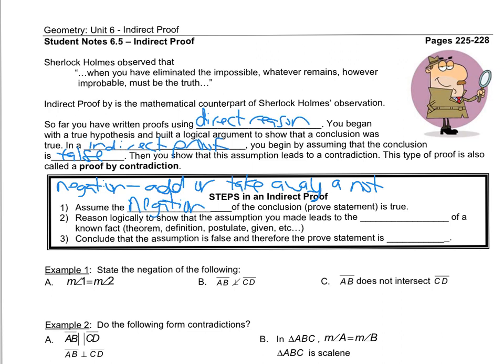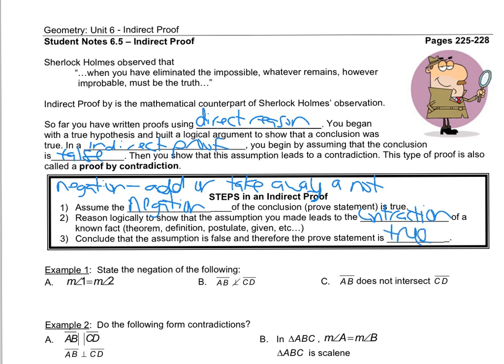Step 2, you reason logically to show that the assumption leads to a contradiction of a known fact, theorem, definition, postulate, given, etc. And then you conclude that the assumption is false and therefore your proof is true.